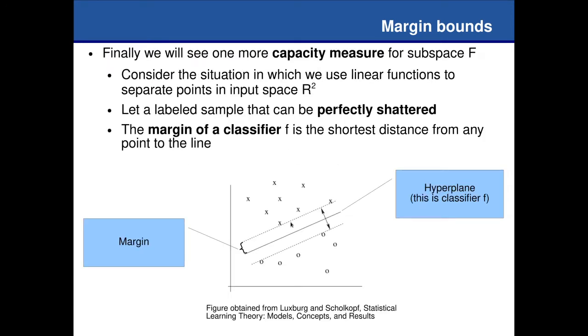And rho, as I mentioned before, that's the margin, which is the Euclidean distance from this hyperplane to this support hyperplane.